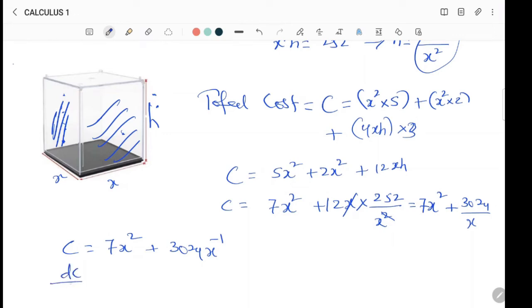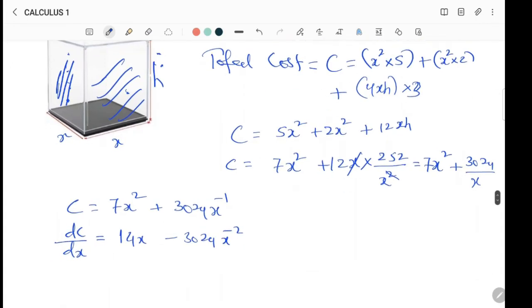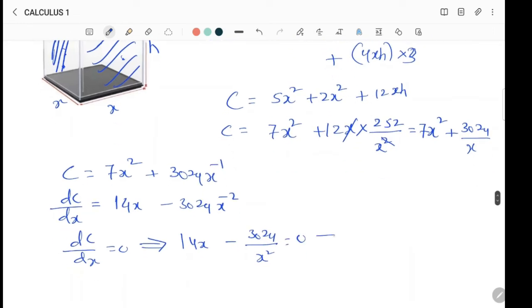Now for minimum or maximum, we have to differentiate dc over dx. 14x minus 3024 x to the power minus 2. For minimum or maximum, this should be 0. 14x minus 3024 over x squared is 0. 14x equals 3024 over x squared.